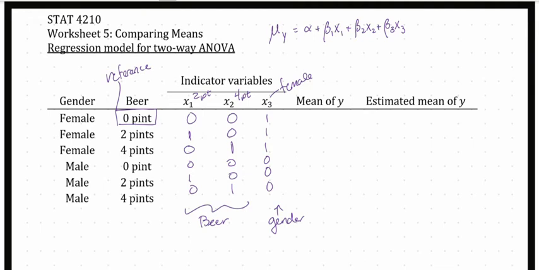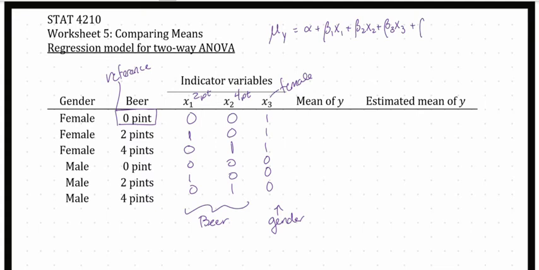But then I also have to take into account the interactions. So I have to look at the interaction between beer and gender. So I'm going to have to multiply x1 by x3 and x2 by x3. Because remember, we had all those different line segments. So I want to see how the effect of 2 versus 0 pints changes for gender, and how the effect of 4 versus 0 pints changes for gender.